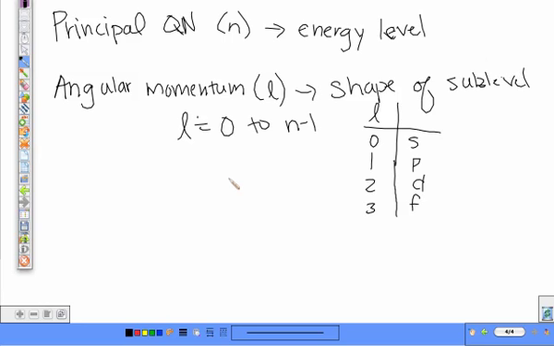So if n is 3, L can equal 0, 1, and 2, so you have 3 different sublevels that are possible, S, P, and D.